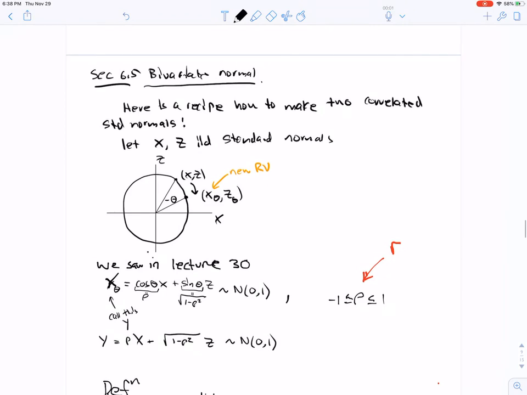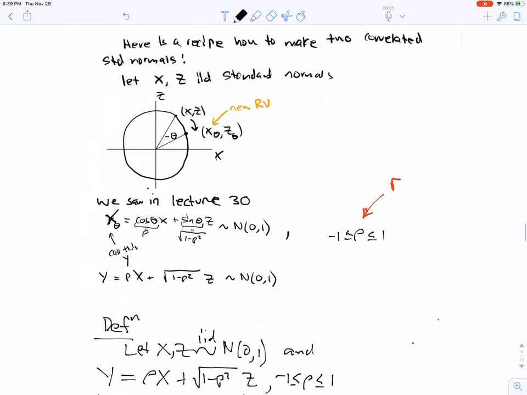So then we began bivariate normal. It's a joint distribution of two particular correlated normals, and here is how you correlate the two normals. You start with two IID standard normals, and you rotate the plane by minus theta, and that creates a new random variable called Y, which is cosine theta X plus sine theta Z, which is standard normal.